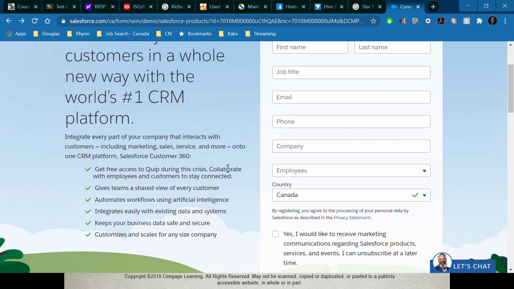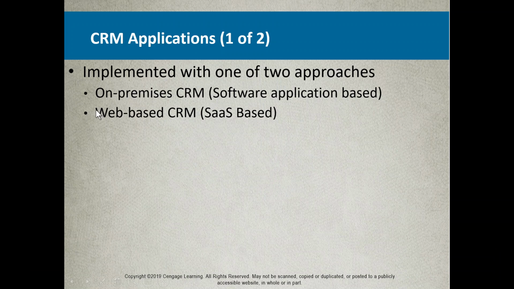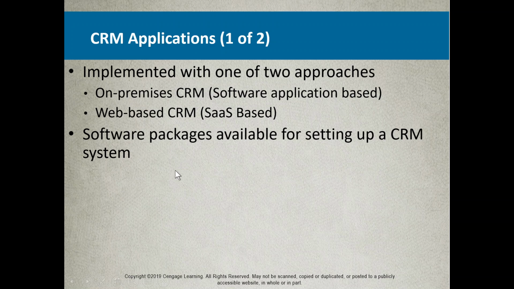It's available all the time online. So this is, I think, the way things are going. And if you read through my assignment, your research project, it has to be done as a software as a service. So I wouldn't recommend that you do an on-premise one, but if you really want to, because maybe you know a company that uses it, I wouldn't have a problem with that either.